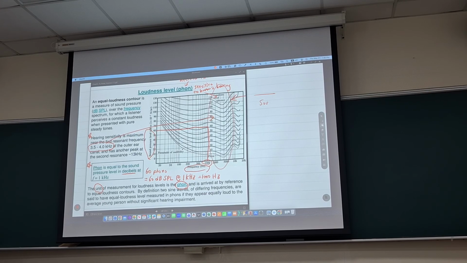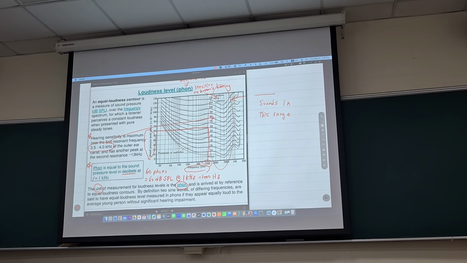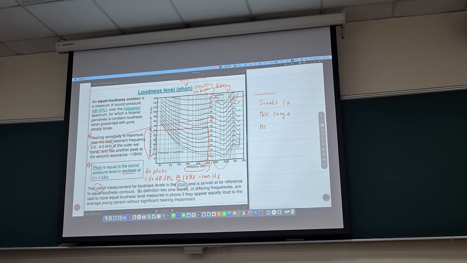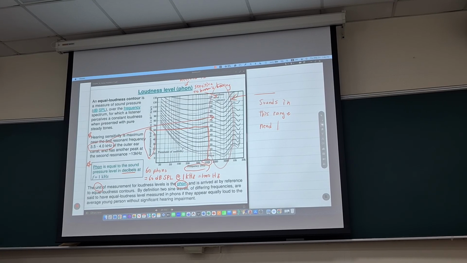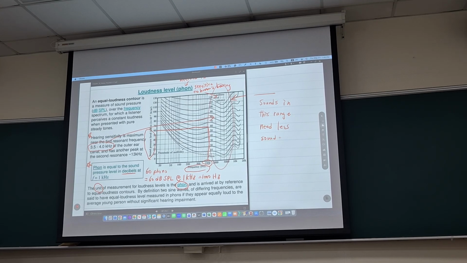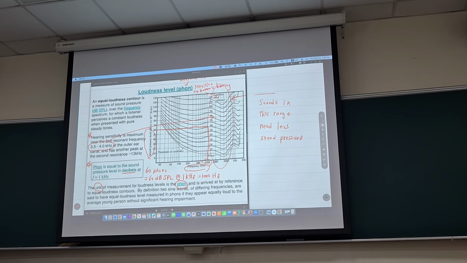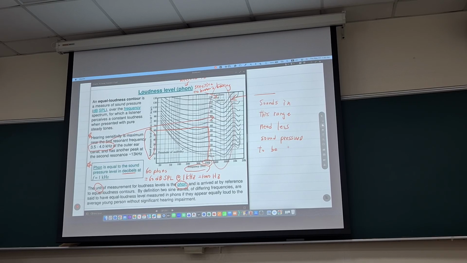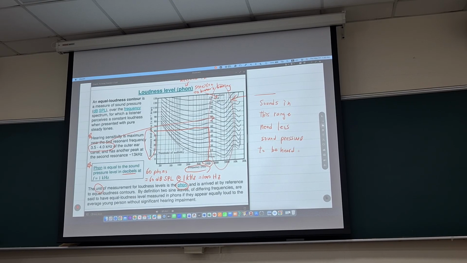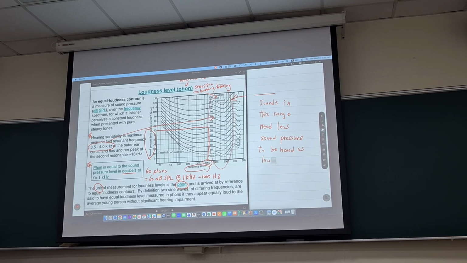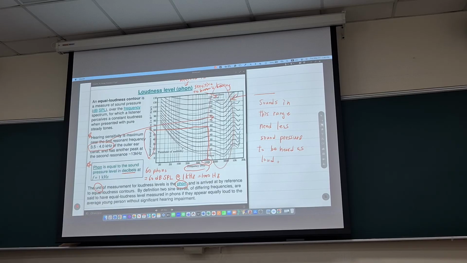That means sounds in this range, 3.5 to 4 kilohertz, need less sound pressure to be here as high. Let's write this one down.